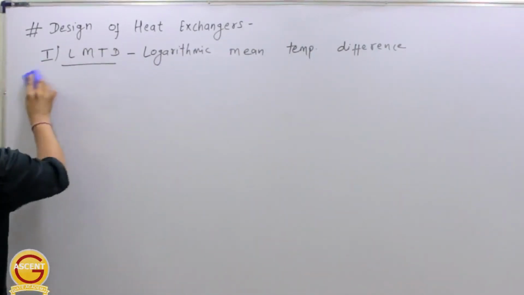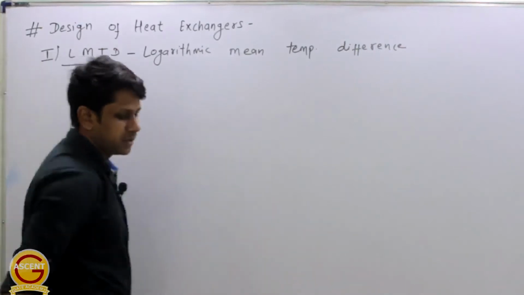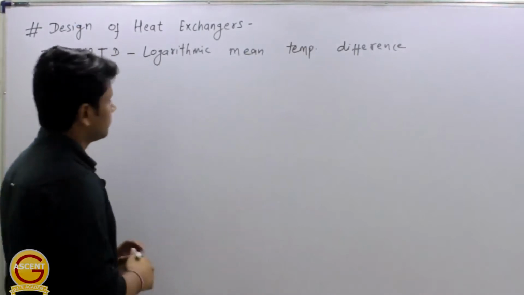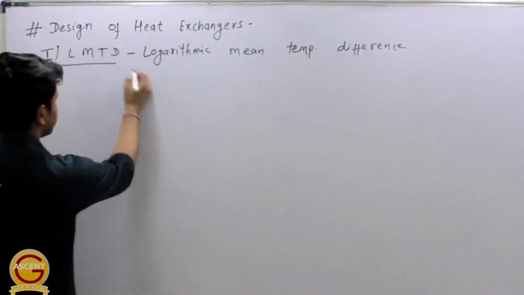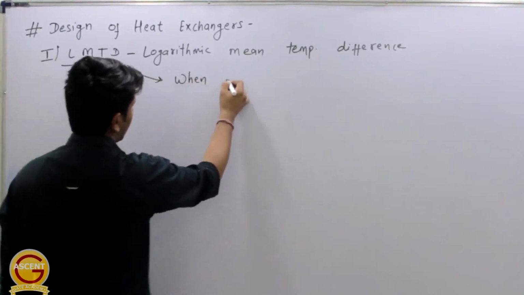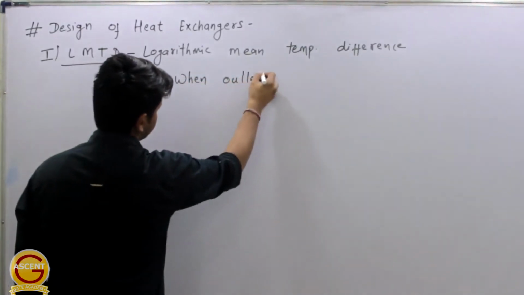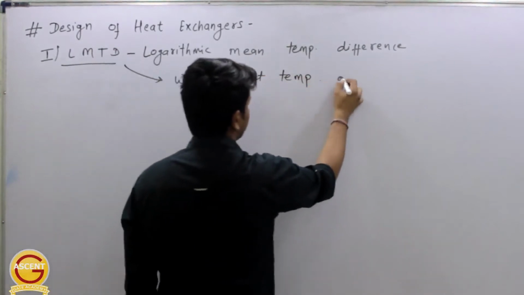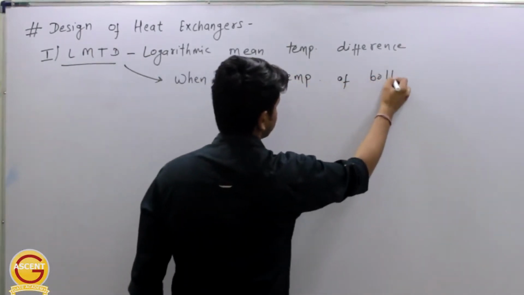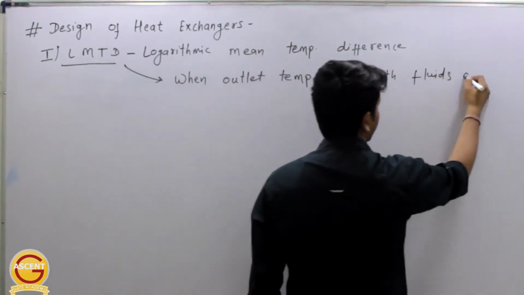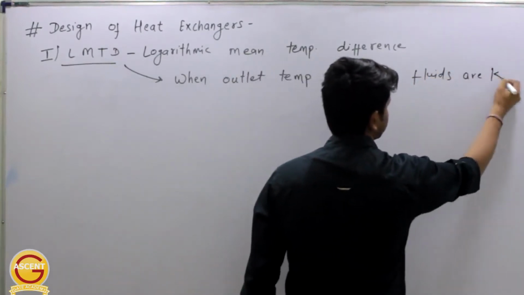Okay, so this method, logarithmic mean temperature difference, is used when the outlet temperatures of both fluids are known to us.